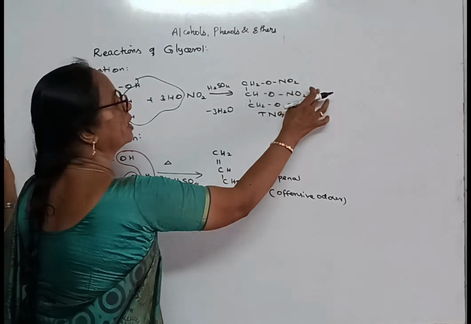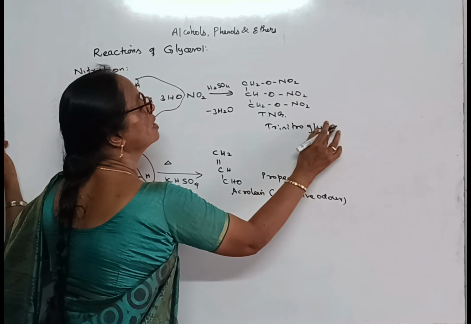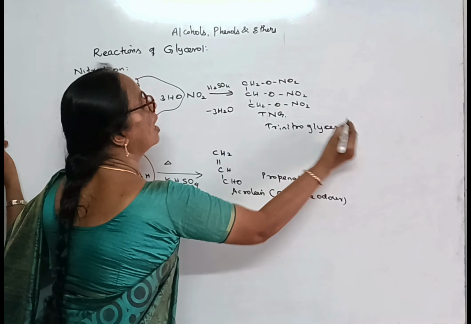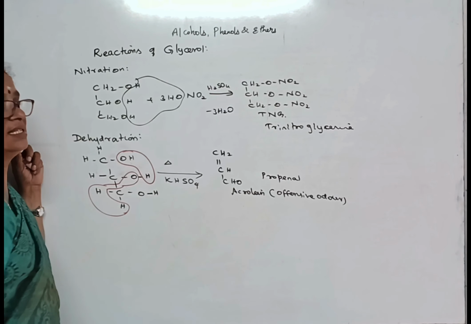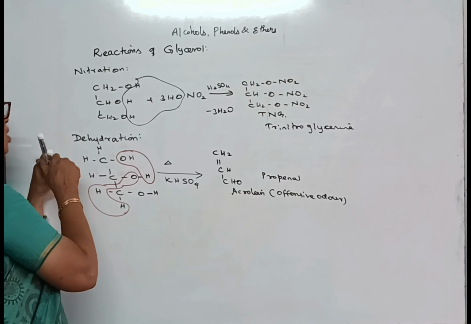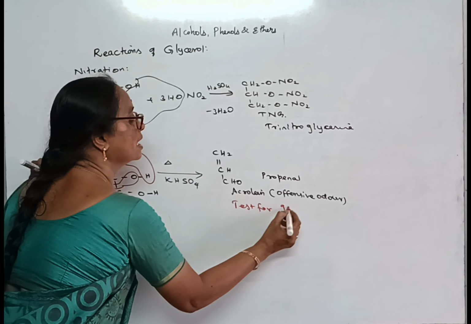This is called trinitroglycerin, an explosive substance. And upon dehydration by heating with potassium hydrogen sulfate, it forms acrolein. This is a test for trihydric alcohol. This can be taken as a test for glycerol.